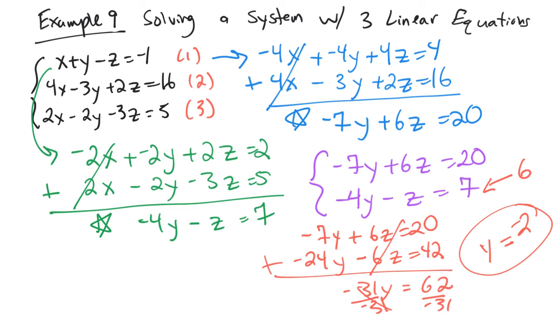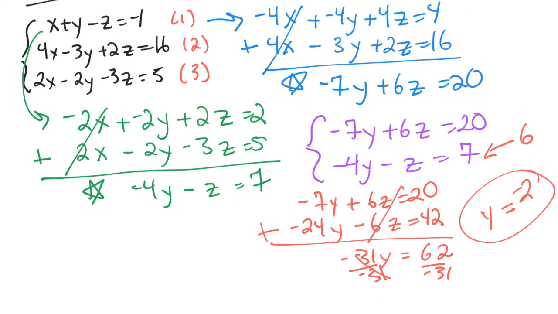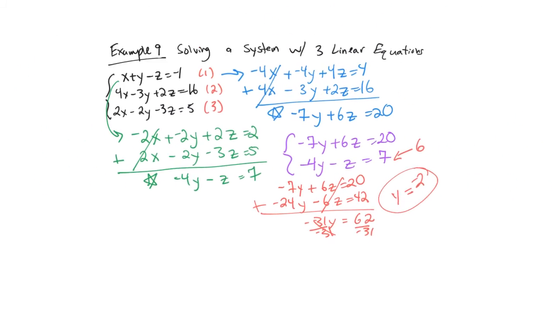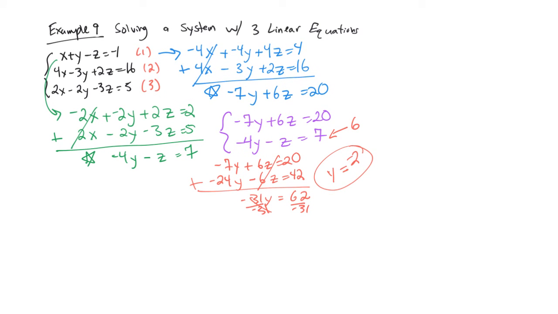So plug that in to one of the equations to figure out what x or what z is. Actually, we're going to figure out z first. Okay, so what we're going to do is plug y equals negative 2 into either of those equations in purple.